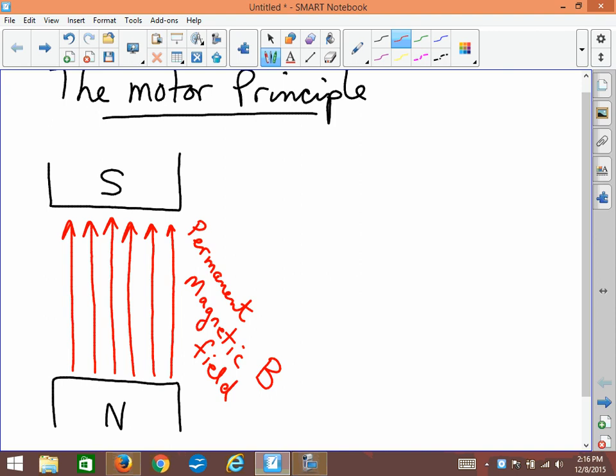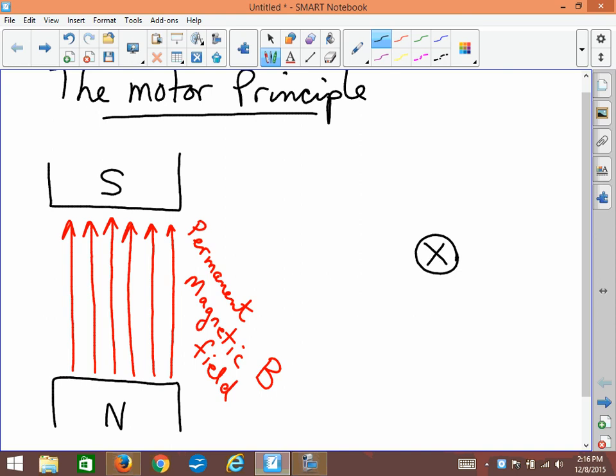Now I want you to imagine the second picture, totally separate from that. I want you to imagine a wire, and I want you to look at the wire in a cross section. So here's the wire, and you're looking at it cut in cross section, and we're going to say that the current in the wire, the positive conventional current, so we're going to use a right-hand rule, is going to go away from us.